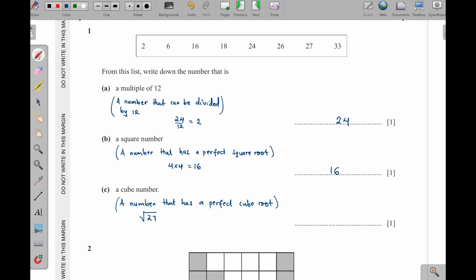That is 27. It will give us a 3, or you have 3 times 3. It's a product of a number multiplied by itself 3 times, right? So we have that 27. Square root of 16 will give you a 4.